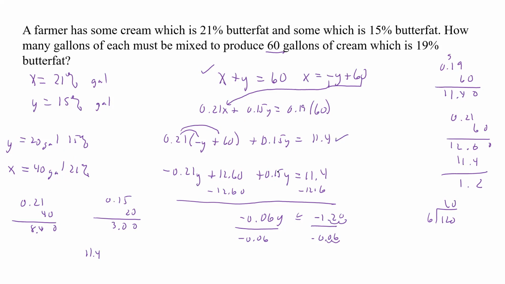So yes, those are the correct values: 20 gallons of the 15% and 40 gallons of the 21%. Okay. All right, let's stop there.